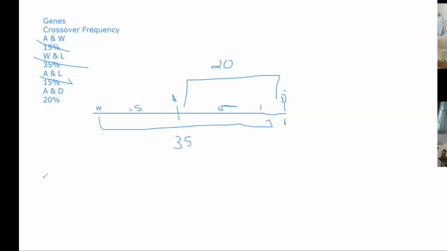Yeah, could you repeat what you just said about the 50%? Yep. If there's a crossover frequency of 50% or greater, you can assume the two genes are on separate chromosomes, and therefore they're sorting independently of each other and not found on the same chromosome.